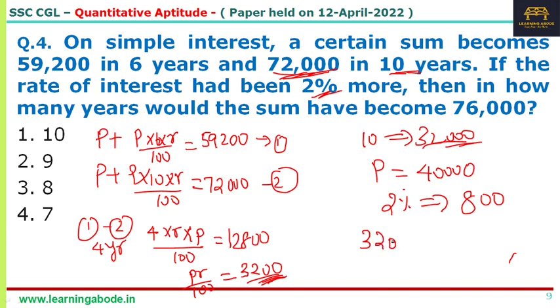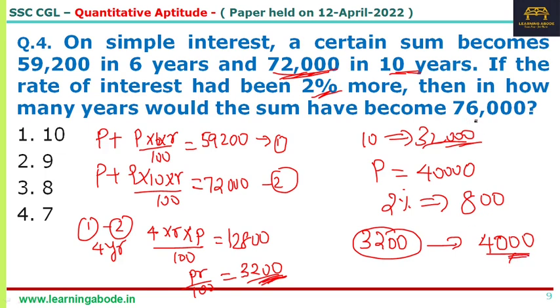Now initially the interest every year was 3,200. Now it will be 4,000. So earlier it was 3,200 per year interest, now it will be 4,000.